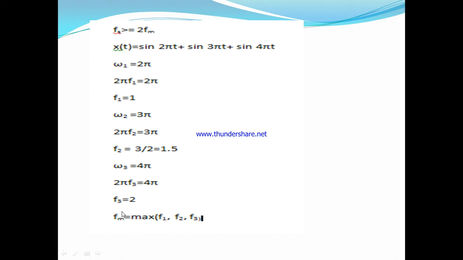And for this signal omega 3 equal to 4 pi, so 2 pi f3 equal to 4 pi, so f3 equal to 2. Next, the maximum frequency of the message signal equals the maximum of f1, f2 and f3.